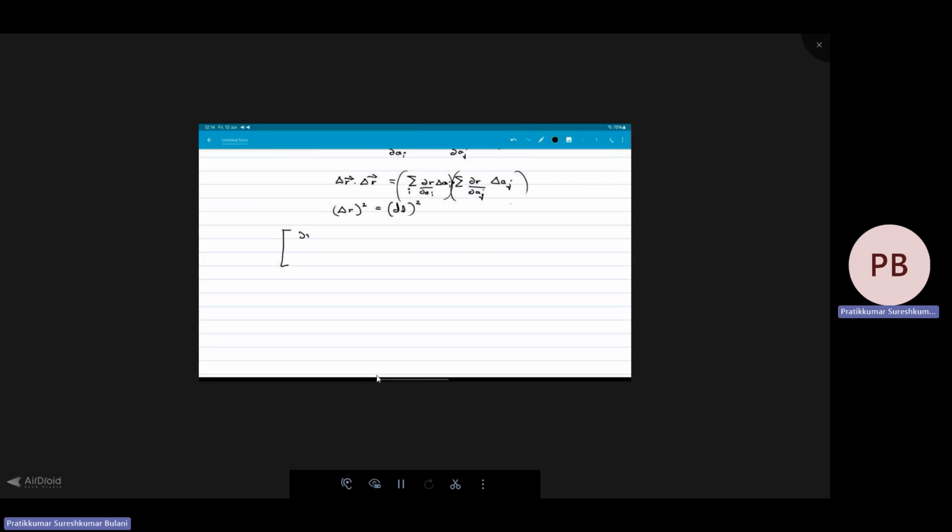So the first thing will be a1 a1, then a1 a2, and then a1 a3.